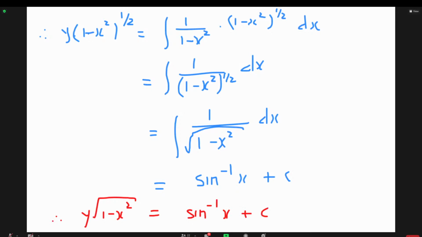It makes no sense bringing this square root across. It's just going to go underneath and create confusion.